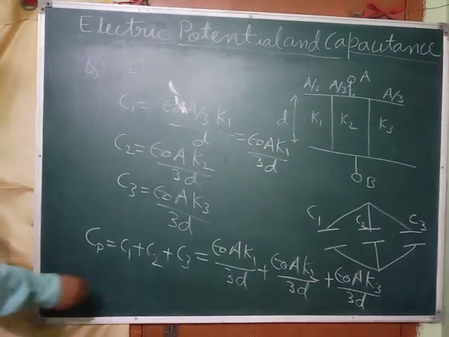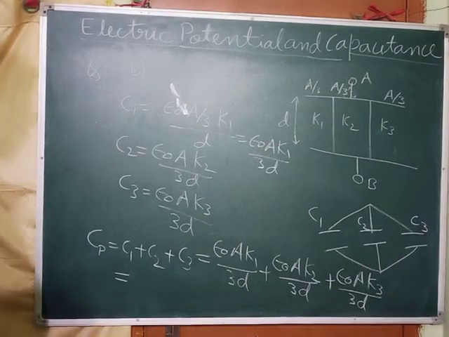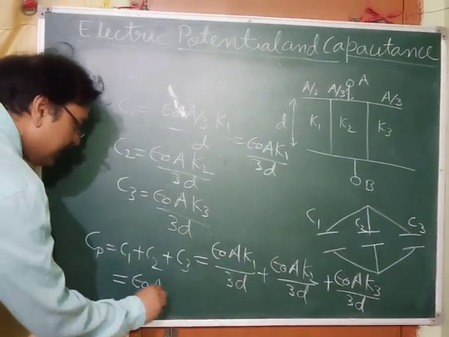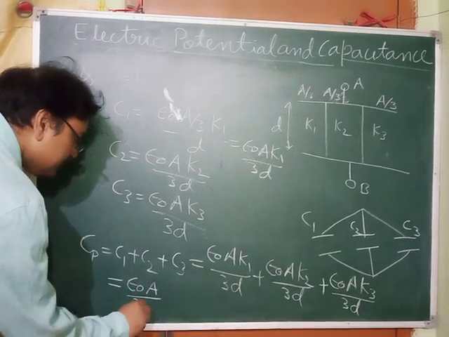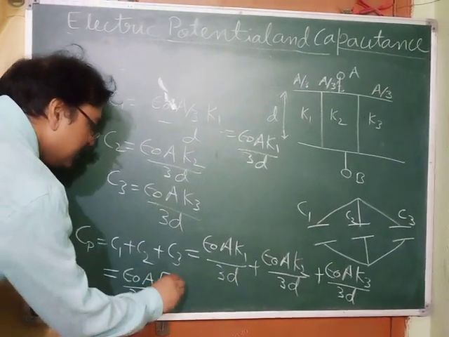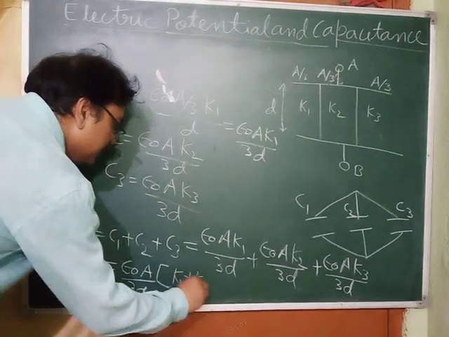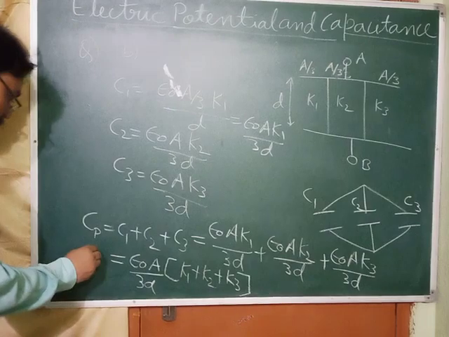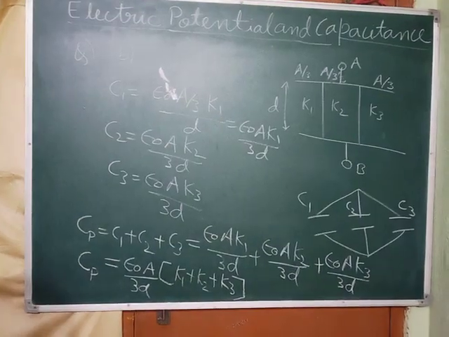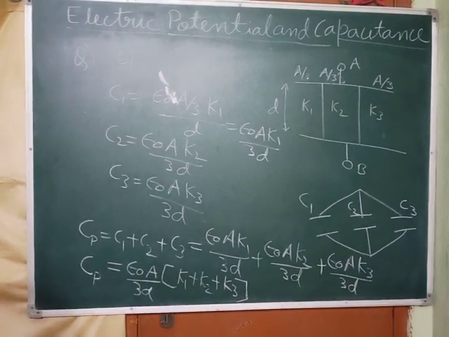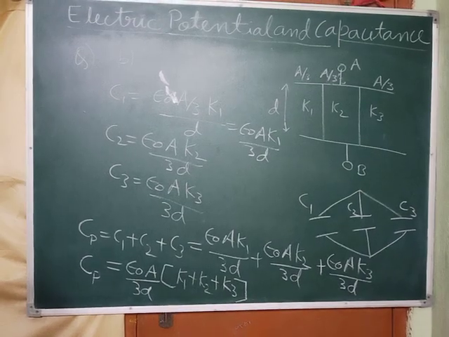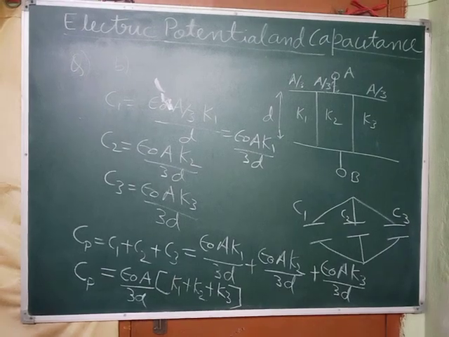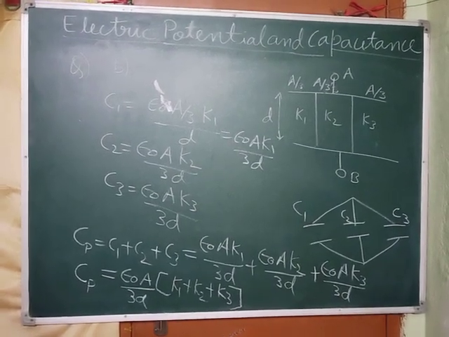Now, can we take something common? Obviously epsilon naught A upon 3D is common. What are we left with? K1 plus K2 plus K3. So this is the final capacitance of this capacitor. Clear?